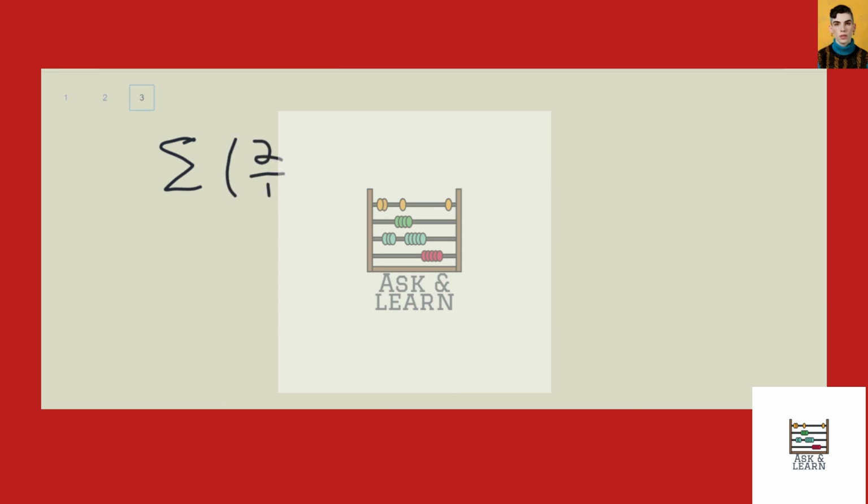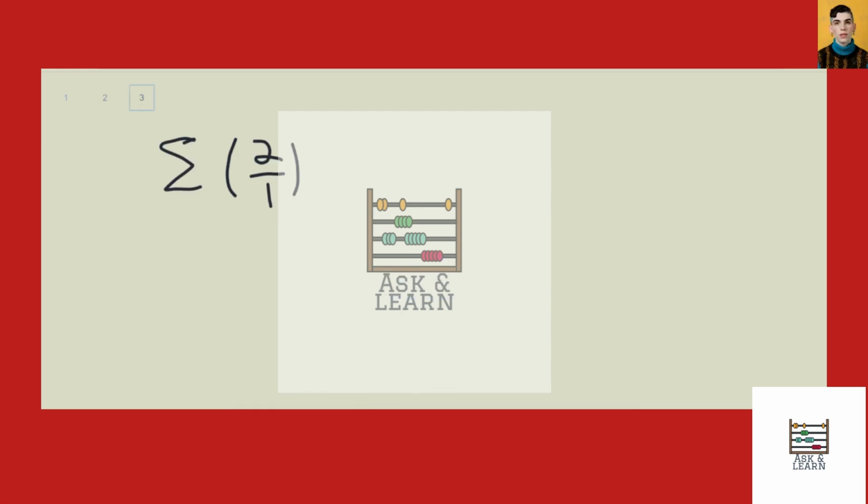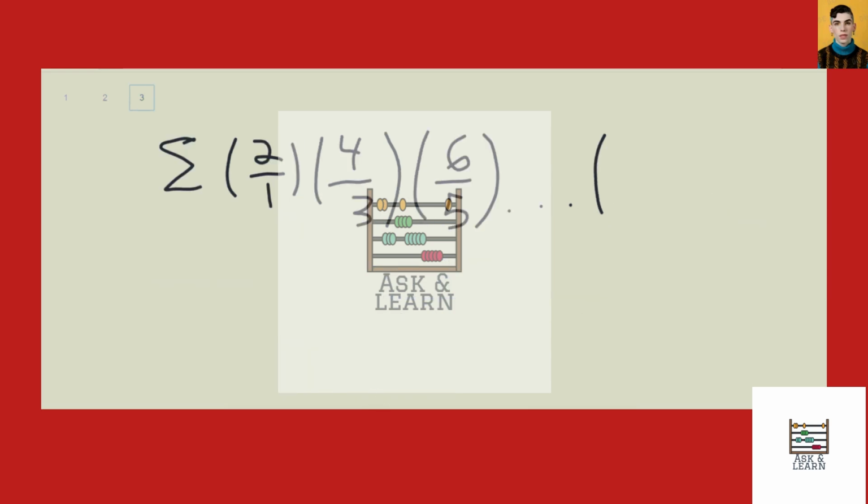So we just put parentheses around each of the guys here: parentheses around 2 over 1, parentheses around 4 over 3, dot dot dot, keep going until we have parentheses around 2n over 2n minus 1.